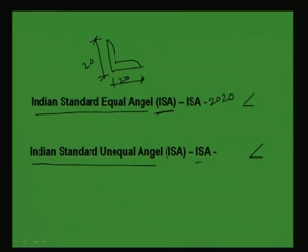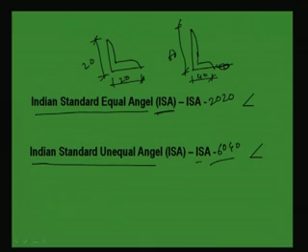And if it is unequal, say this is 40 and this is suppose 60, right, then ISA 60 40, like this it is denoted.